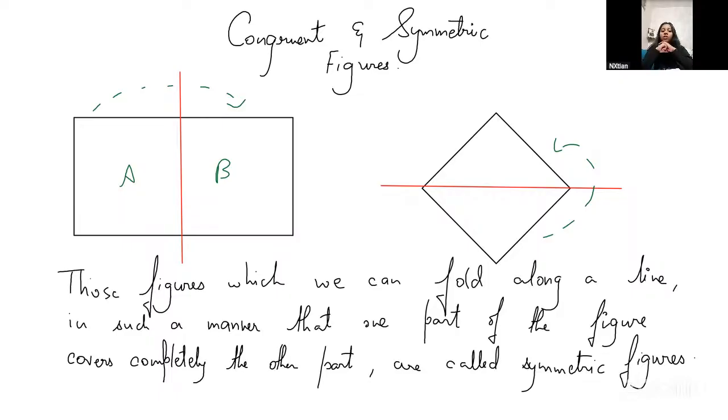Okay. Now, this was about symmetric figures. Now, what if I have two shapes which are the same size? When you place them upon each other, one completely covers the other. Then you have two shapes like this.